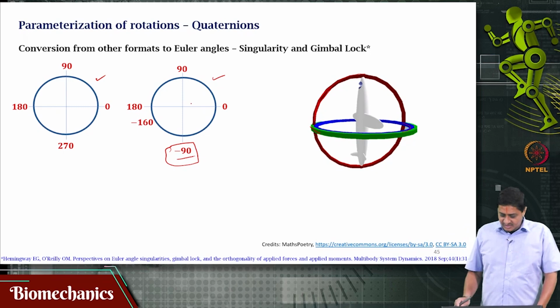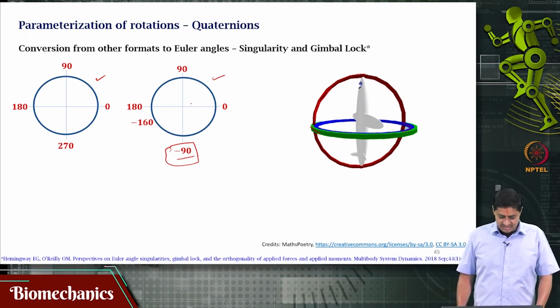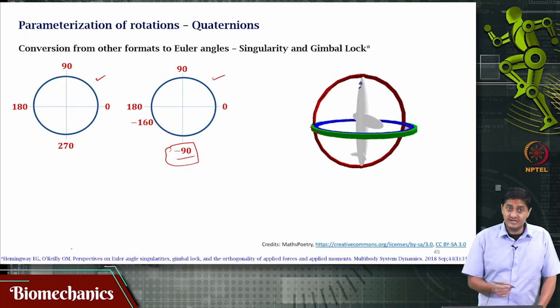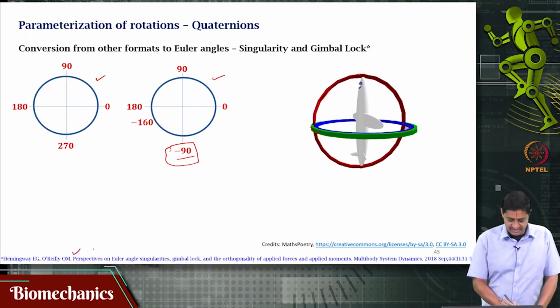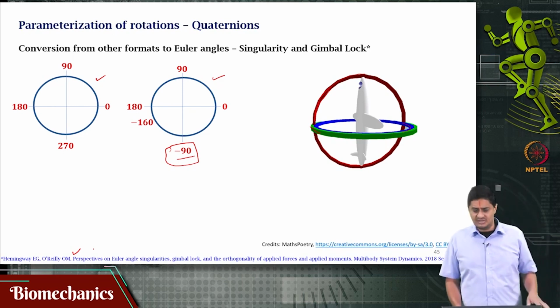Okay. So, for more stories on this gimbal lock situation, read for a very good technical treatise on this topic, the perspective on Euler angles and singularities, gimbal lock and orthogonality of applied forces and applied moments by Hemingway and Rayleigh, a nice paper where they discuss some of the details of this gimbal lock situation.